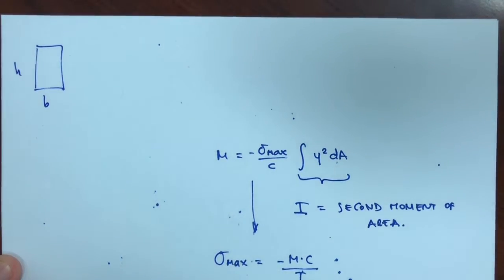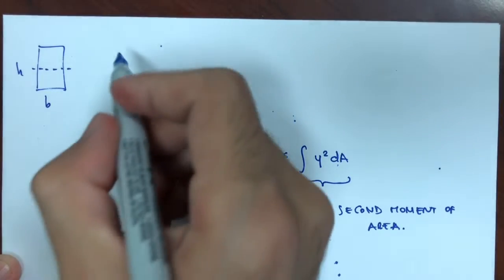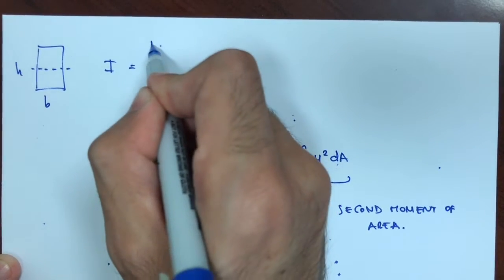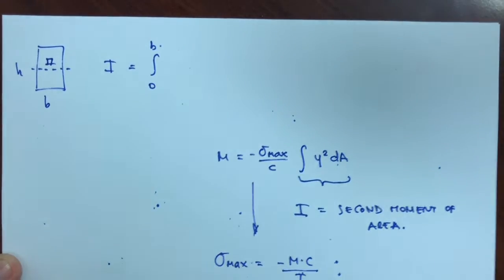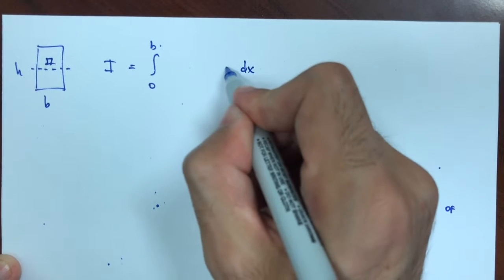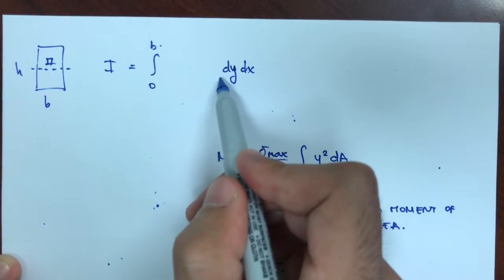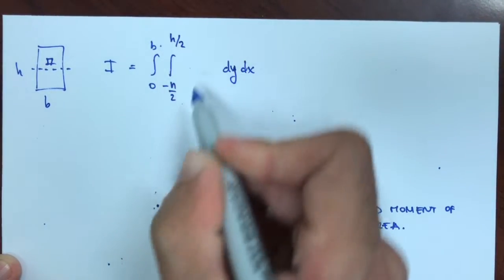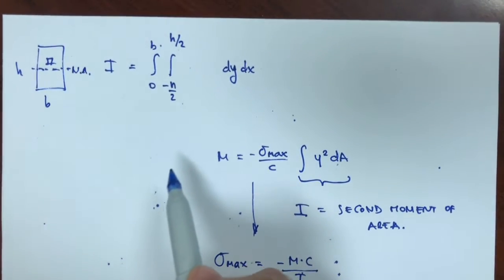and height h. If I'm located at the neutral axis, this dA would just be dx dy. dx would go from 0 to b, and dy would go from minus h over 2 to h over 2, again if my point of reference is my neutral axis, which is right here at the center.